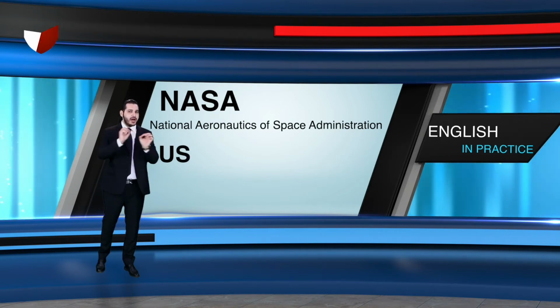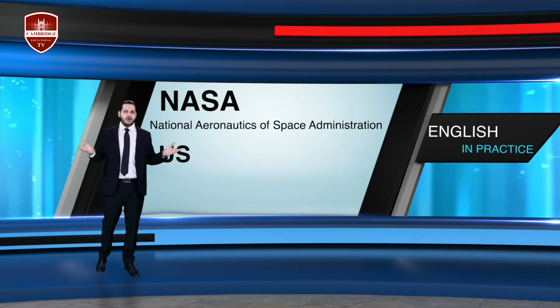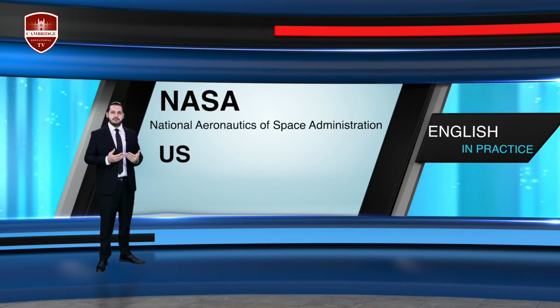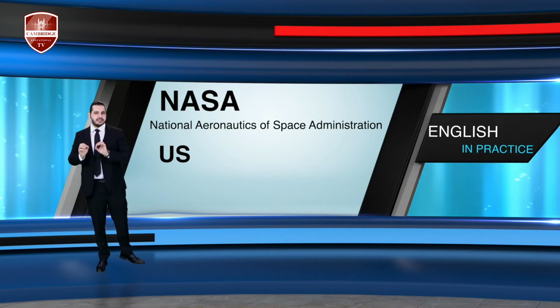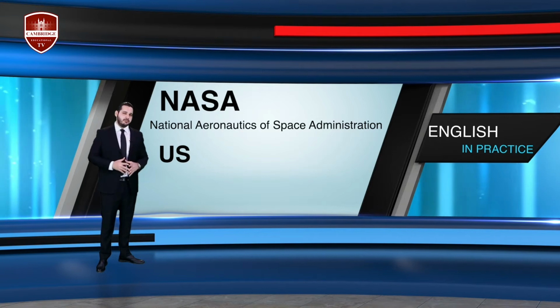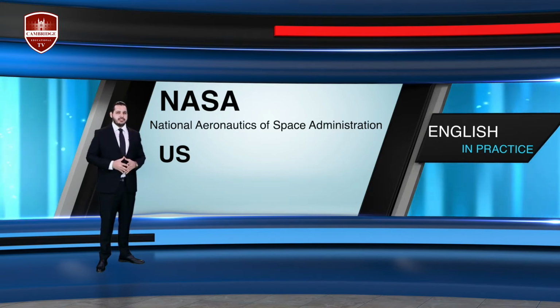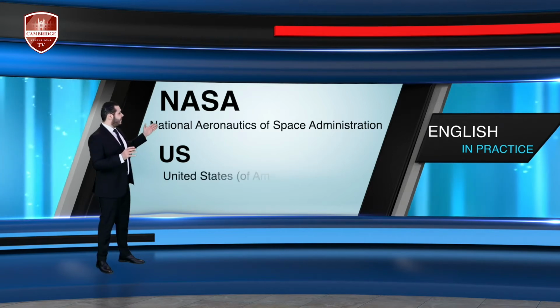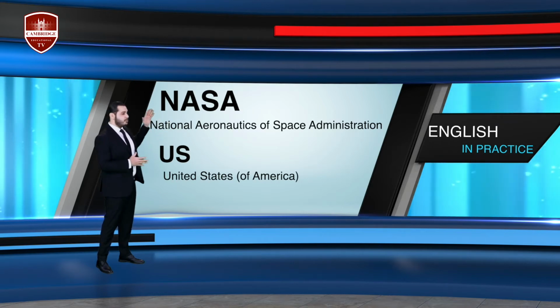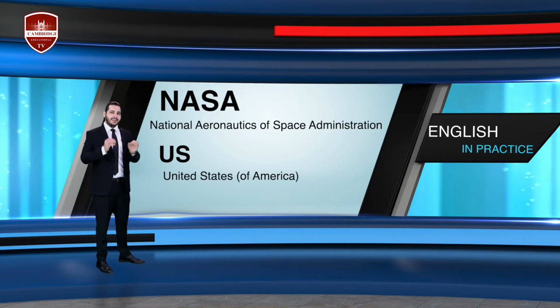I said US. I didn't say "us" or "yus" or whatever this word can be pronounced. If you're thinking of an initialism, yes, you are correct, because this is an initialism. It stands for United States of America, of course. So this is an example of an initialism.